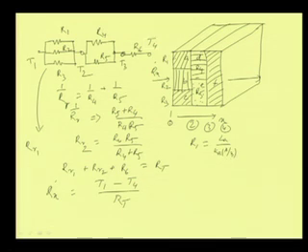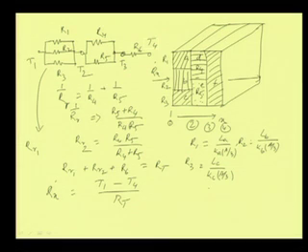Here the area is divided into 3, okay, because this part is equally divided into 3 parts. So, the area of heat transport is divided into 3 parts from this side. Similarly, R2 is L B by K B into A by 3, and R3 is equal to L C by K C into A by 3 in the case of the first block.